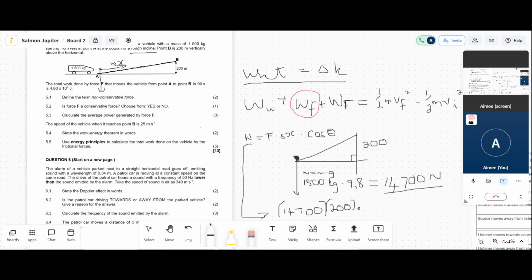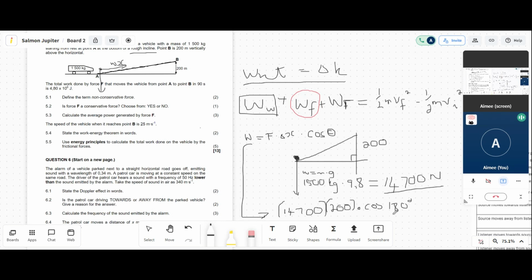Here we substitute in cos 180 degrees for the work done by weight.